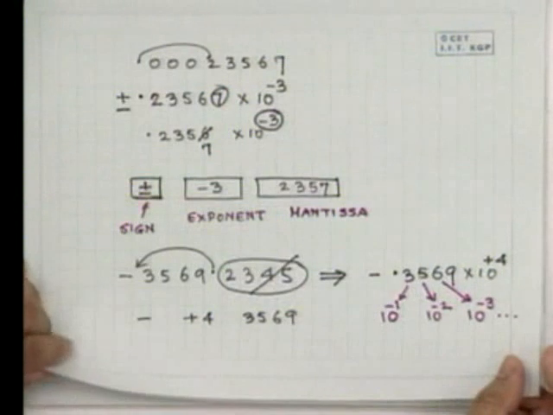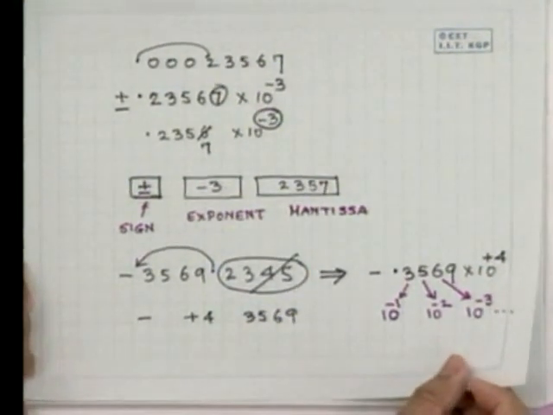Now, since a computer represents numbers only in binary form, let us see what happens in the case of a real number that we represent in a computer. Here also, instead of a decimal point, we will have a binary point.